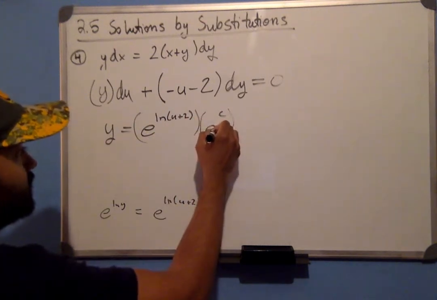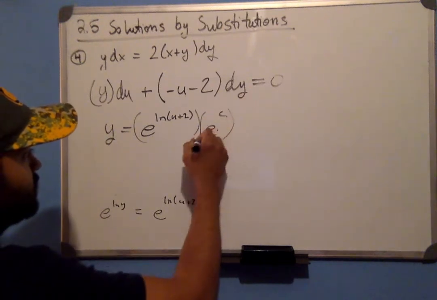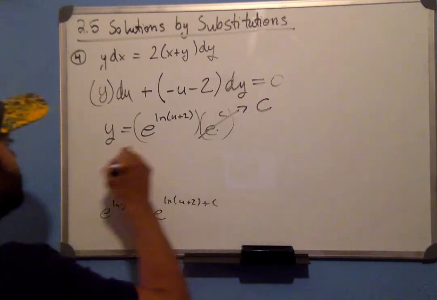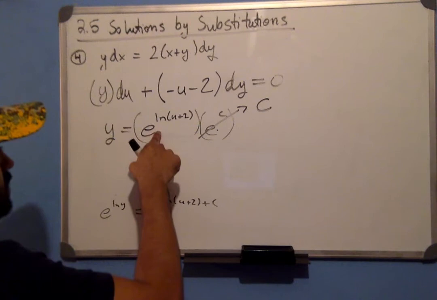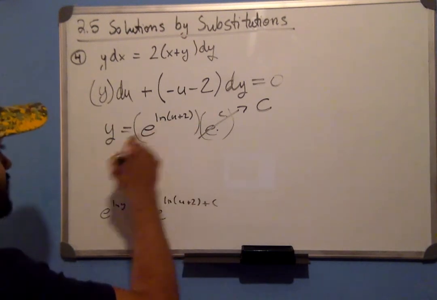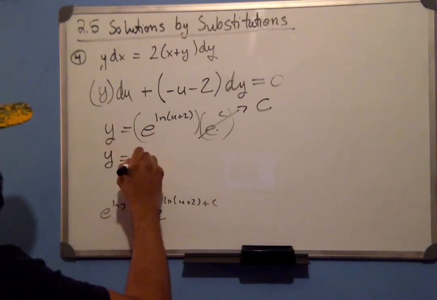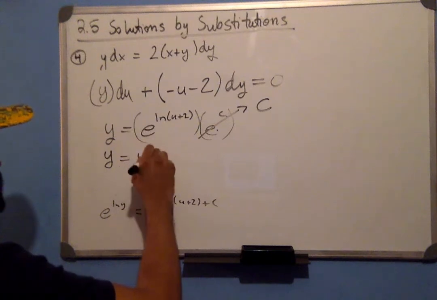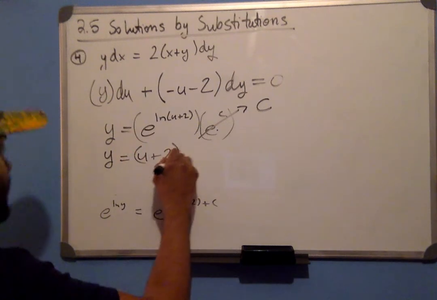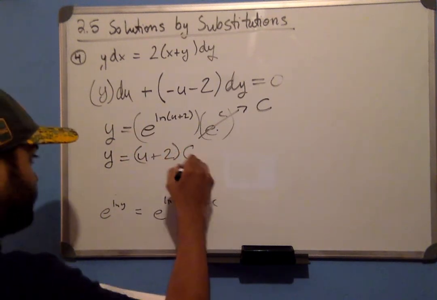And we know that e to the power of some constant is also just going to be some constant. So I could say that also e to the power of ln of something is just going to be that something. So y is equal to u plus 2 all multiplied by c.